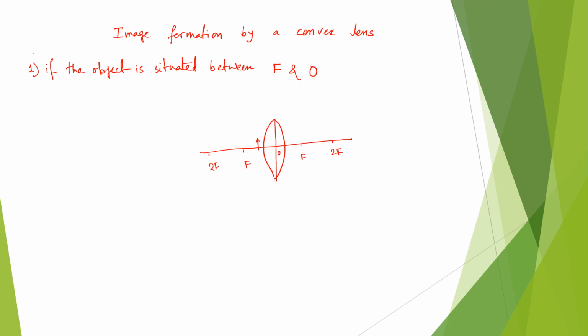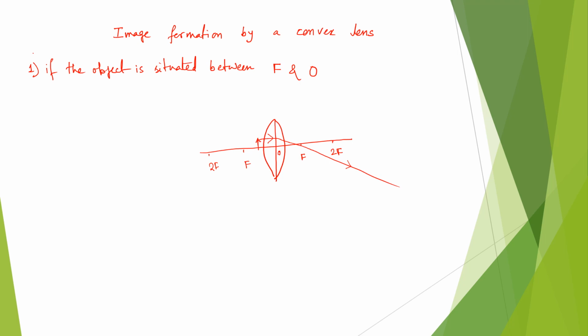While drawing the diagram of the lens, we will keep in mind that light rays that are parallel to the principal axis, after passing through the lens, will always pass through the focus.